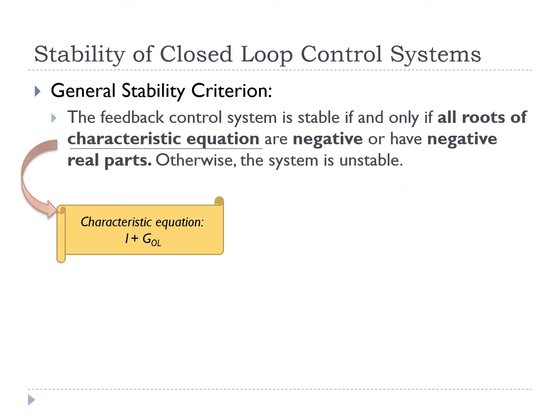Now, according to the general stability criterion, the feedback control system is stable if and only if all roots of the characteristic equation are negative or have negative real parts. Otherwise the system is unstable. So now what is the characteristic equation? The characteristic equation is given by 1 plus GOL.